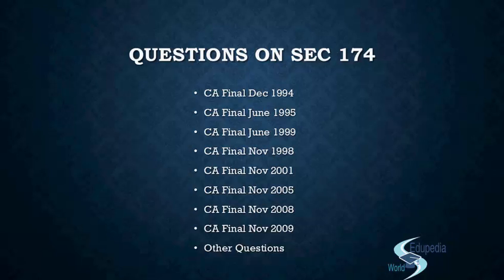So since the adjourned meeting is supposed to be a continuation of the original meeting, the provisions of section 173 are not contravened, right? So that meeting would be deemed to have been held in the calendar year in which the original meeting was supposed to be held, right?